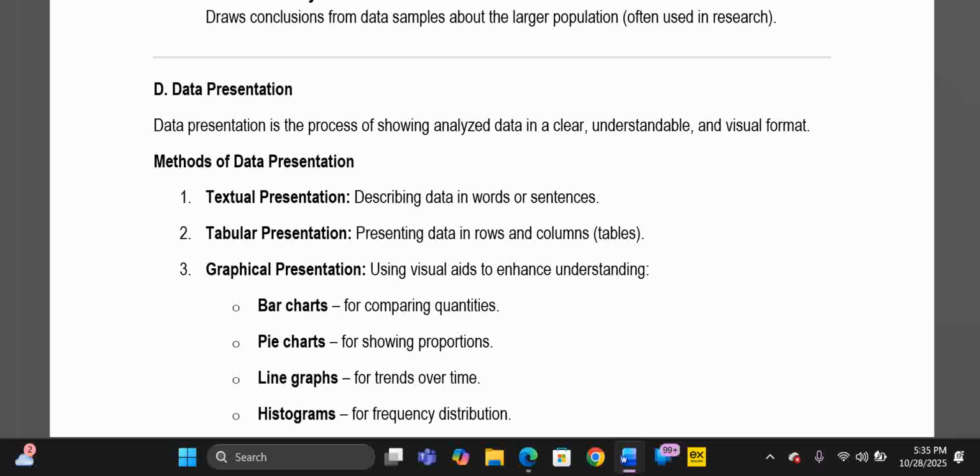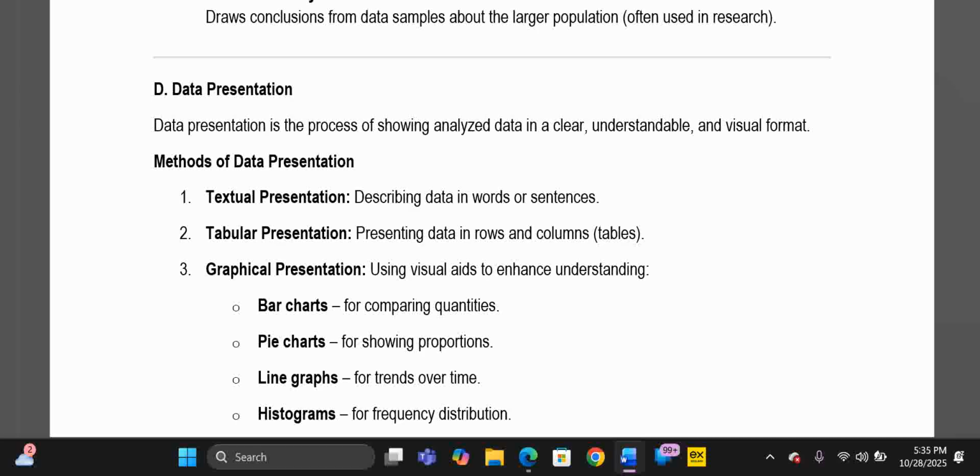So this is when you're really done with all the process of processing and analysis. Then you make it in a way that people who were not with you during the processing and analysis can actually use your presentation to understand what is going on based on your analysis. So in this case, we use various methods depending on what we want to present.